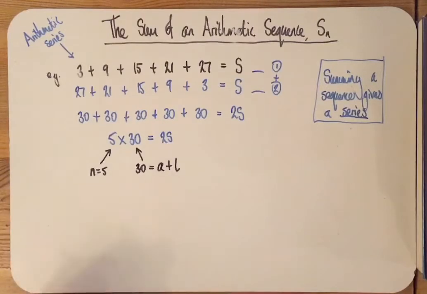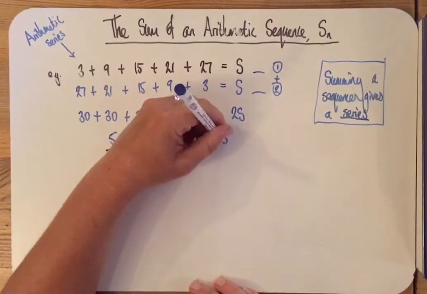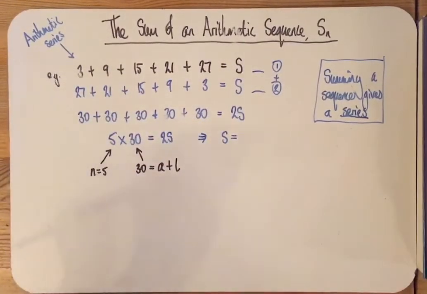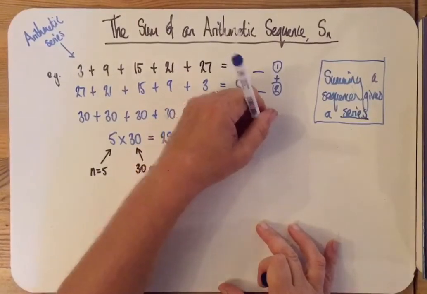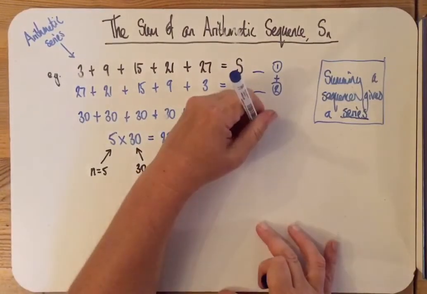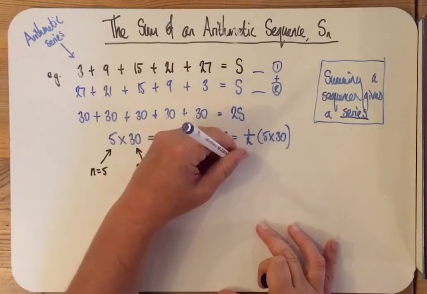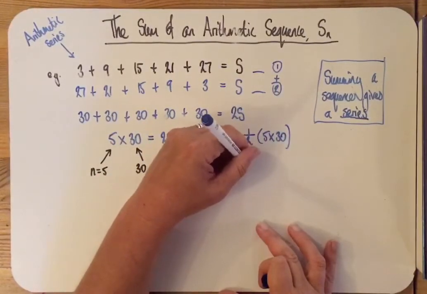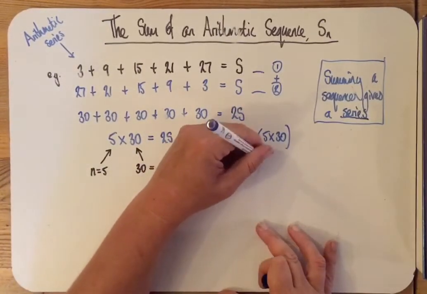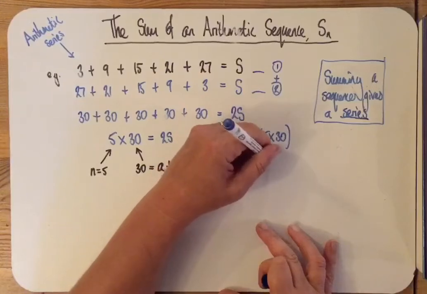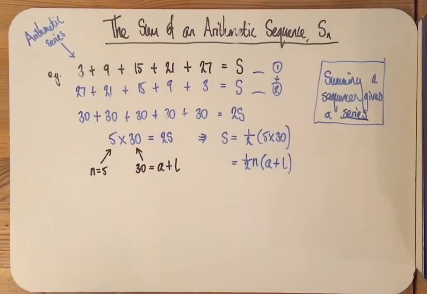And so from there, S is equal to a half lots of 5 times 30. And if you think about what's happening in terms of letters, 5 is the n and 30 is your first term plus your last term.